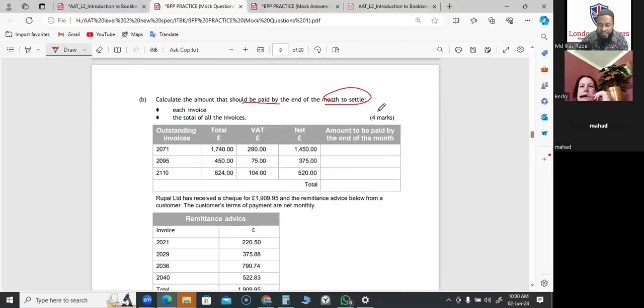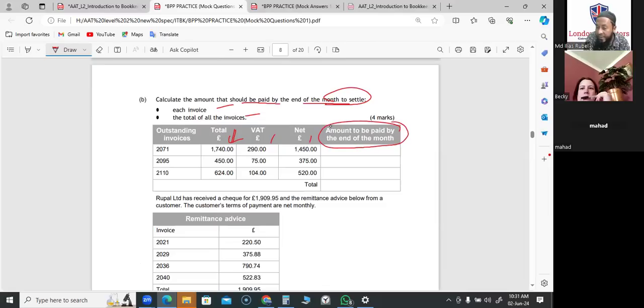Let's get into this. Calculate the amount to be paid by the end of the month to settle each invoice, the total of the invoice. You see, this is the total, 1740 times 4%. If we take away, which is 96%, which is 1670 according to me. There's a total, a VAT, a net, but the question is something else.